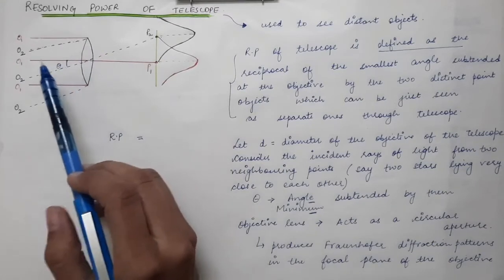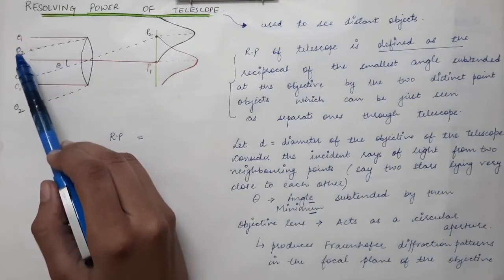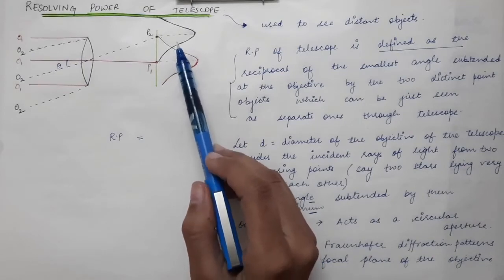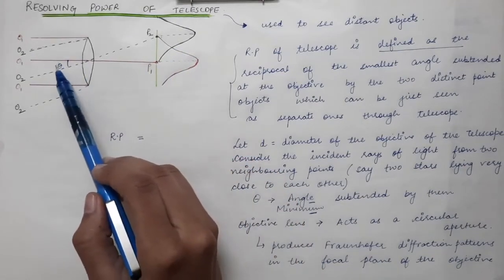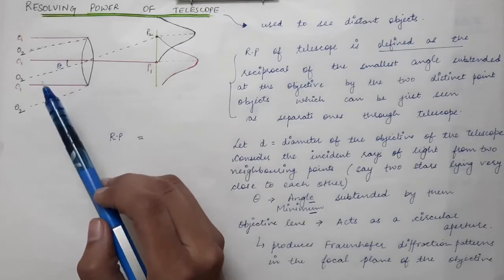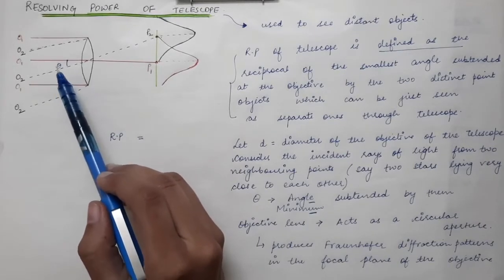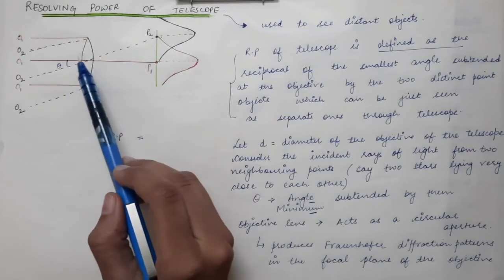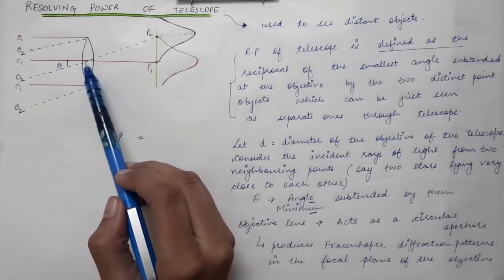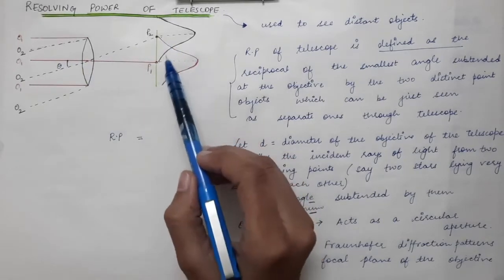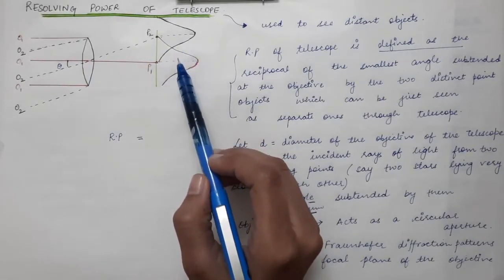But over here we are assuming that for these O1 and O2 objects, the diffraction patterns are just resolved, and therefore we will say that this theta is the minimum angle, the smallest angle which is subtended at the objective lens of the telescope, such that the diffraction patterns which are formed are just resolved.